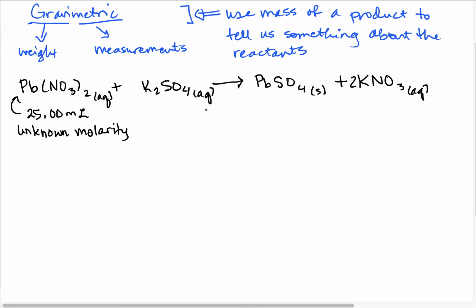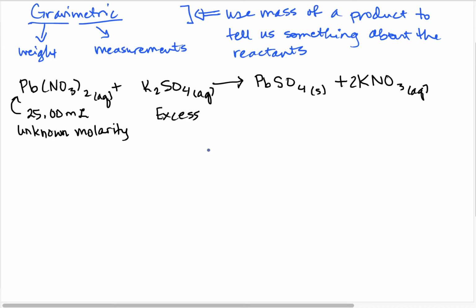Then we've got a solution of potassium sulfate, and we add a bunch of potassium sulfate until we stop making lead sulfate precipitate. So sometimes that can be hard to tell, but let's just imagine that we manage it. So we add an excess of the potassium sulfate.